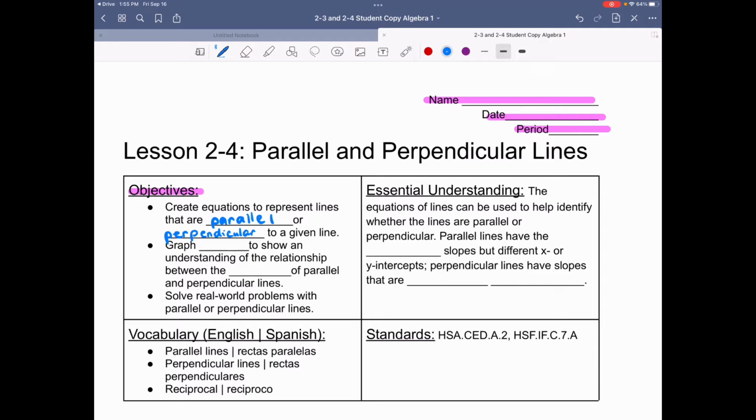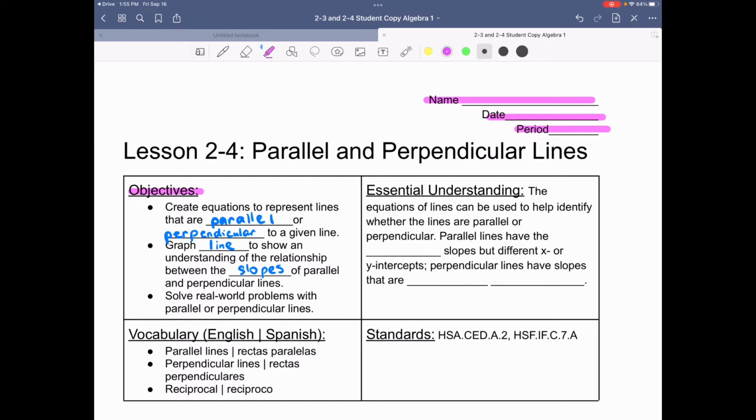We will also graph the lines to show an understanding of the relationships between the slopes of parallel and perpendicular lines. We will also solve real-world problems with parallel and perpendicular lines.